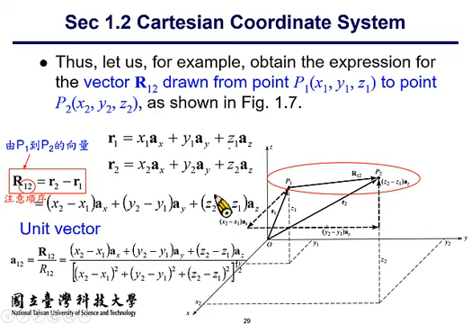So the unit vector should be written as a, that is a parameter denoting the description of a unit vector. a12 can be found as the vector R12 itself divided by the magnitude of R12, like this.